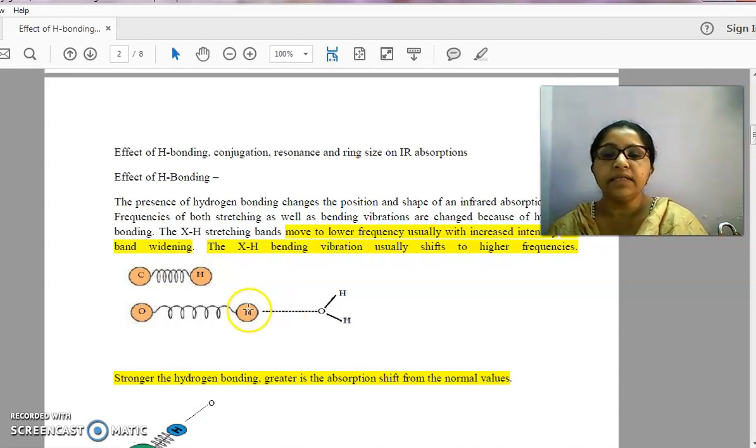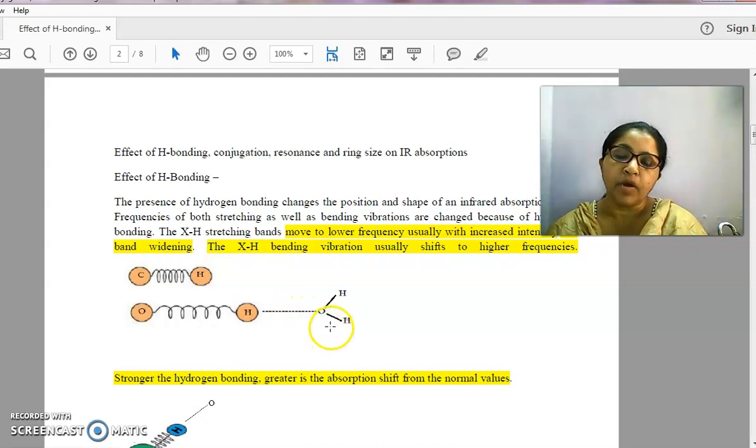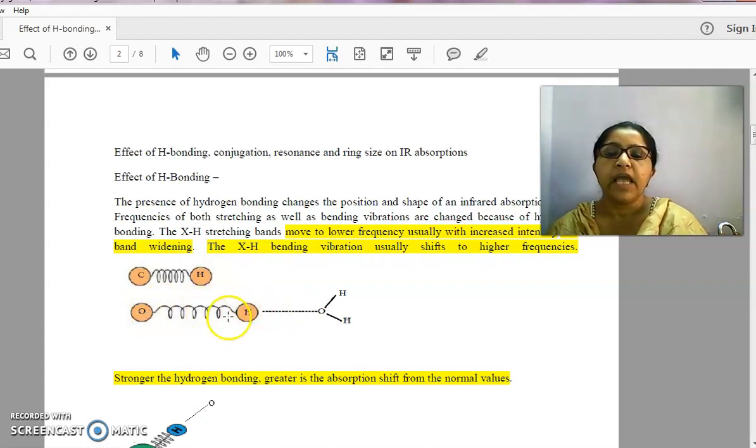Now, when this particular atom is such that it can form a hydrogen bond with a similar molecule or a different molecule like a solvent, here we have considered OH, and the hydrogen is highly electropositive, so it is capable of forming a hydrogen bond if the solvent is water.